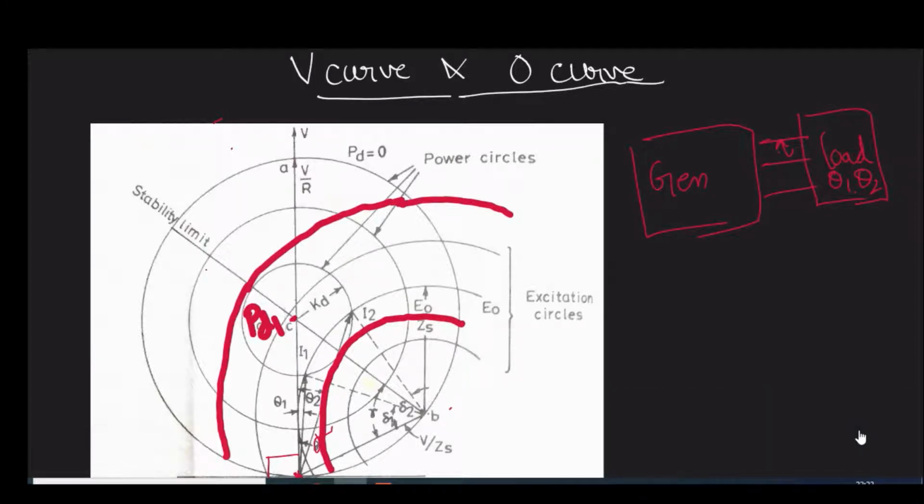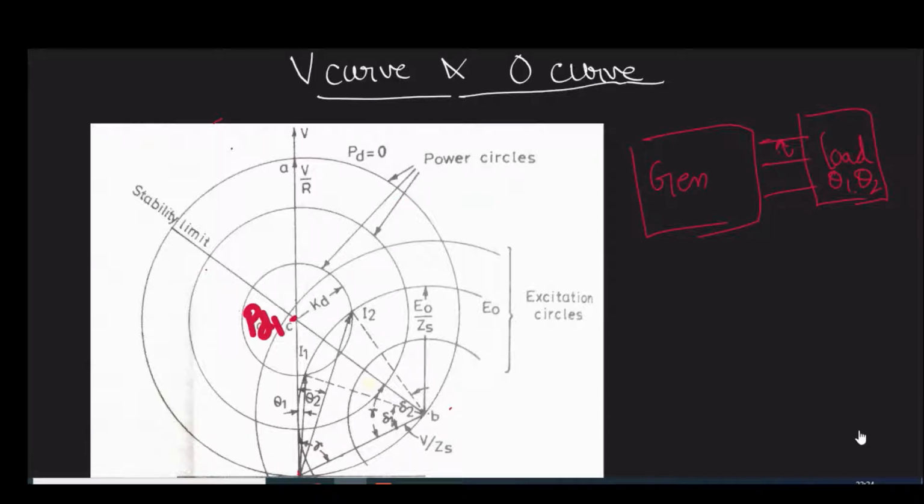So for a given power, we can have minimum and maximum values of excitation. Now, also we have studied that for a given power and given excitation, how we can find the value of current, what would be the value of current, that will be governed by this one.